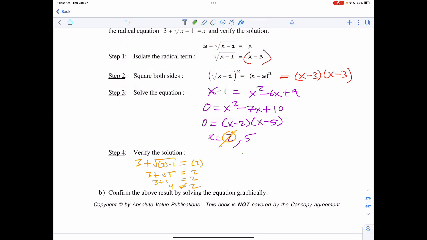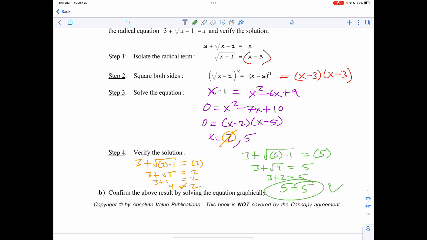Well, if I take 3 plus the square root of 5 minus 1 equals 5, 3 plus the square root of 4 equals 5, 3 plus 2 equals 5, 5 equals 5, and 5 is the correct solution here.